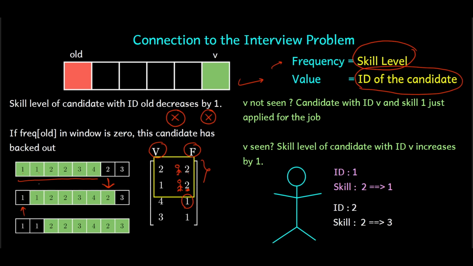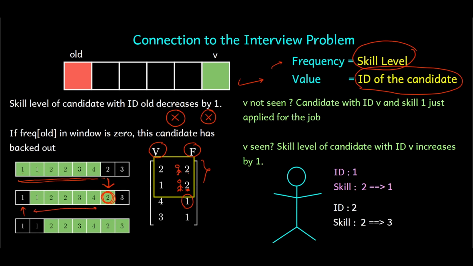Now when the window slides, let's see what happens. We are seeing an addition of 2 over here, but this doesn't necessarily mean that 2 has applied to the pool immediately, because 2 might already exist in the window.